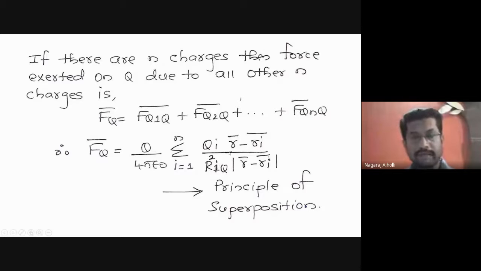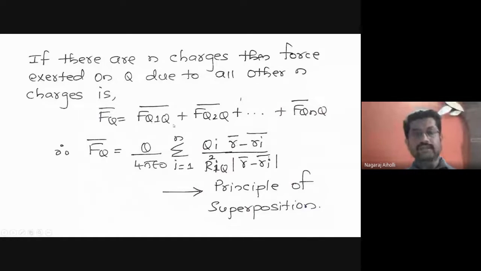Then come to the unit vector. For the first one, it is the force of Q1 acting on Q. So the destination is Q and the source is Q1. So it is R minus Ri.